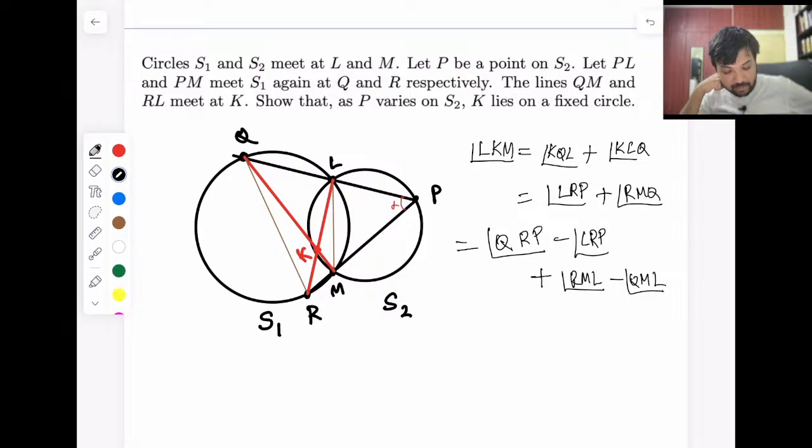LRP is LRM, which is LQM, that is just minus MLP. QRP. Oh, is it simplifying?